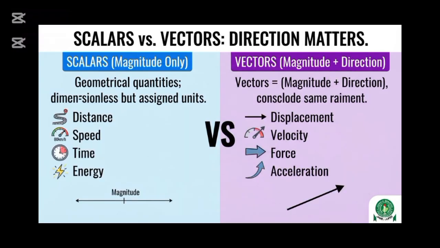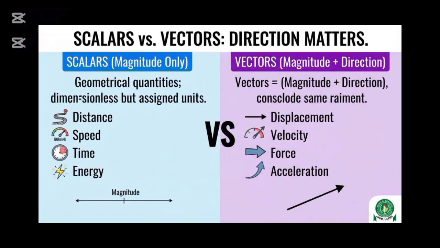Finally, let's look at the classification based on direction. We have scalars and we have vectors. Scalars have only magnitude, like your speed, your distance, your time, and your work. They follow normal mathematical rules.